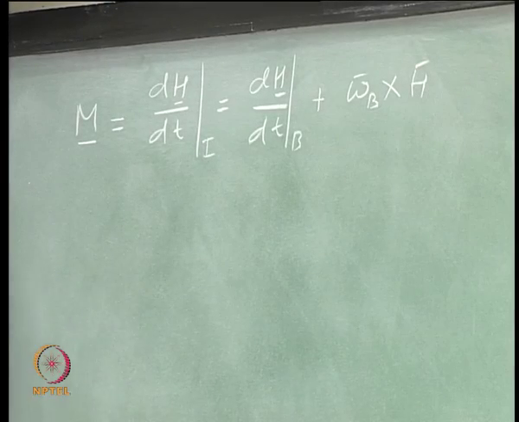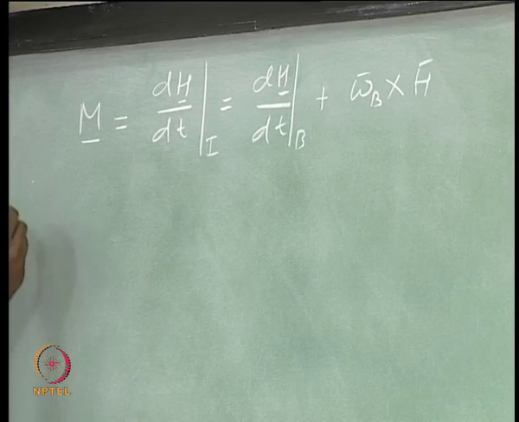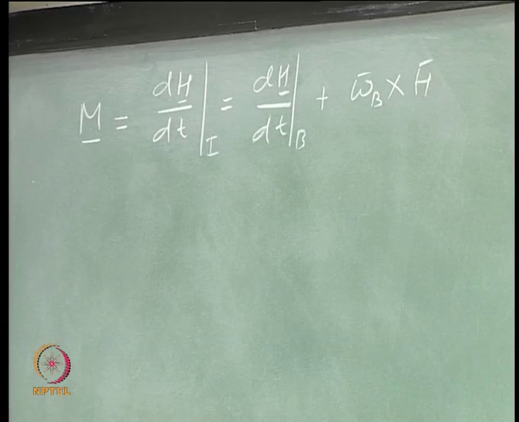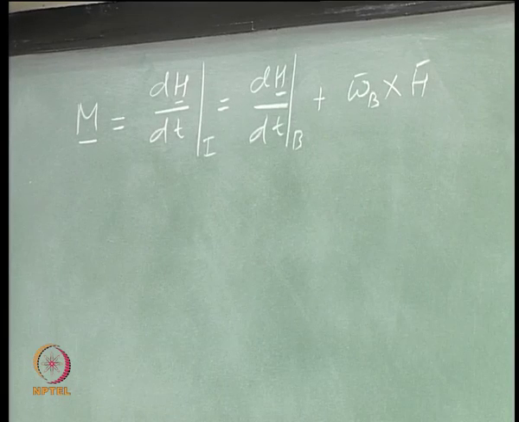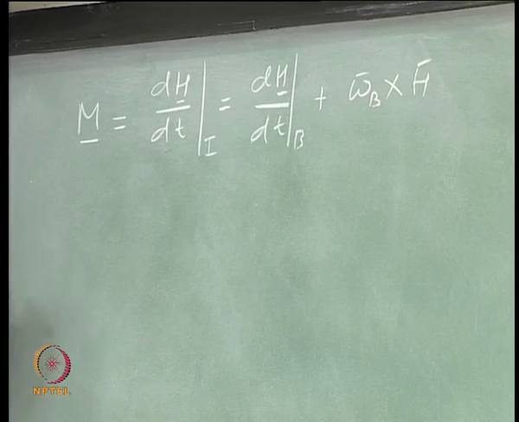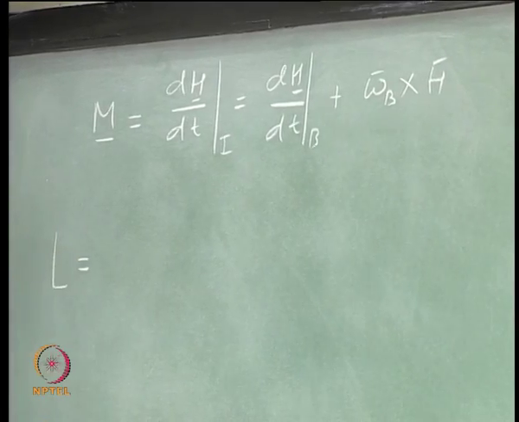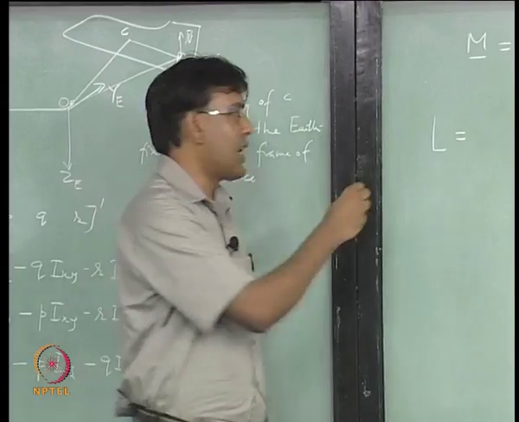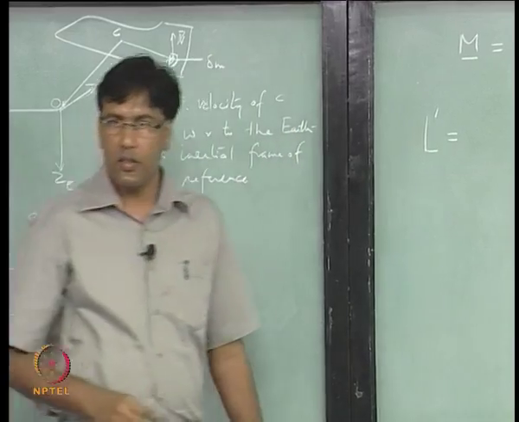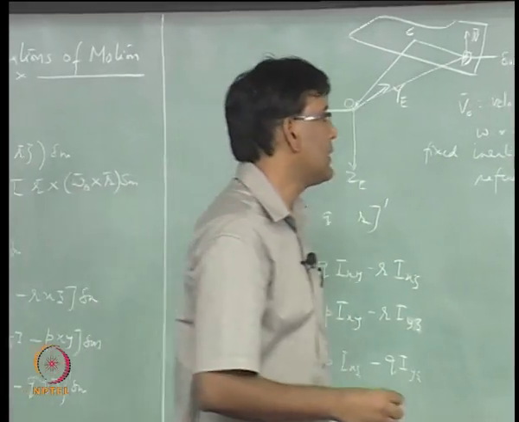Now I am writing the equations about the 3 axes of the aircraft. L is the rolling moment. We have been using L prime, so I will put a prime there.